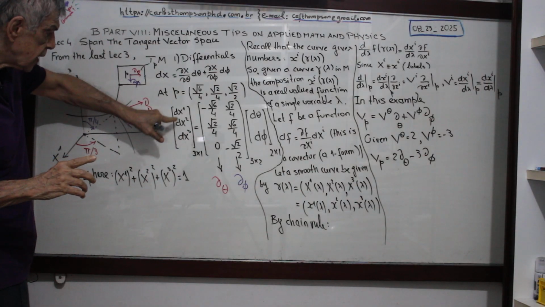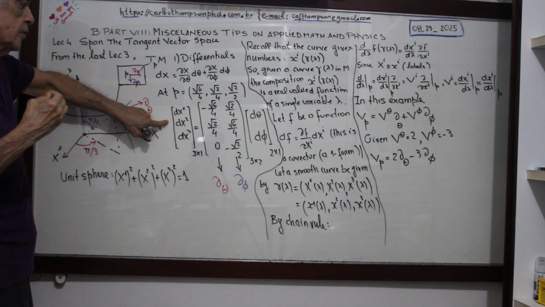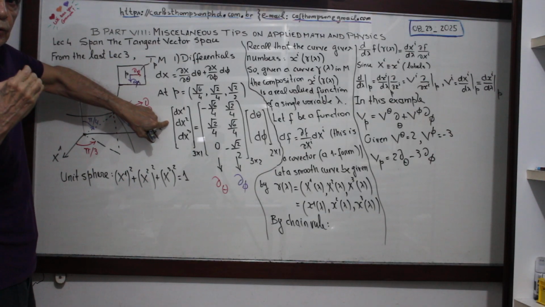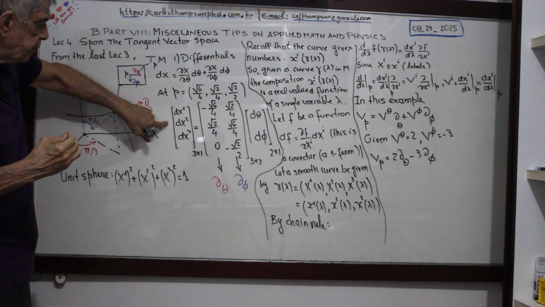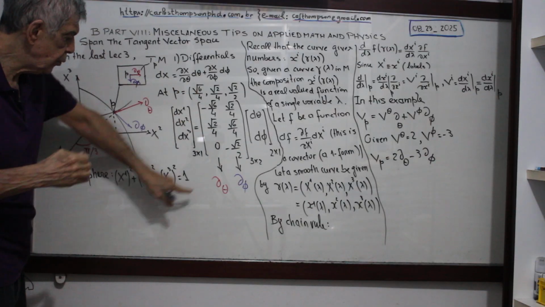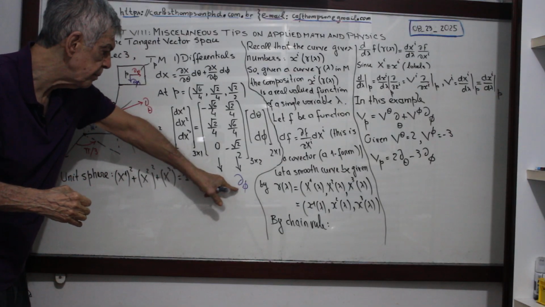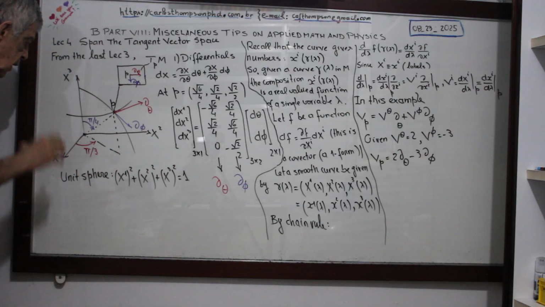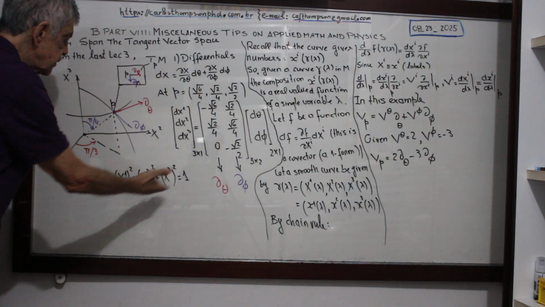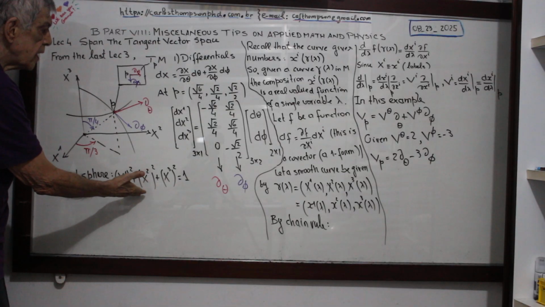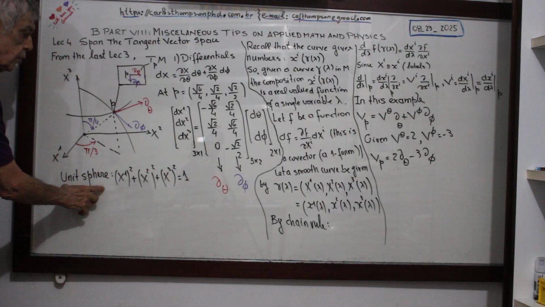Remember that capital X is, in this case, a vector which belongs to the Cartesian coordinates, and this we calculated and obtained the basis vectors, partial with respect to theta and partial with respect to phi. You can calculate that x1, x2, and x3 squared sum to 1. This is a unit sphere.